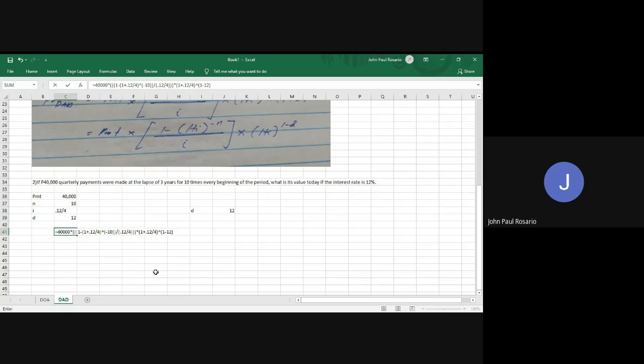Okay. Now try inputting this information on your calculator and let's see if you will get the same answer as me.